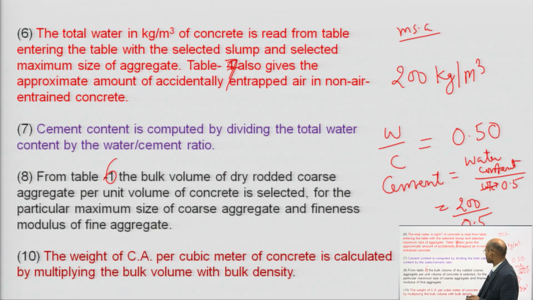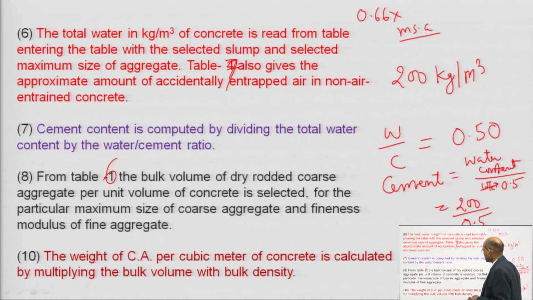So, the weight of coarse aggregate per cubic meter of concrete is calculated by multiplying the bulk volume with the bulk density. How are we going to find the weight of coarse aggregate? Let us say for 20 mm aggregate we got the value of 0.66.